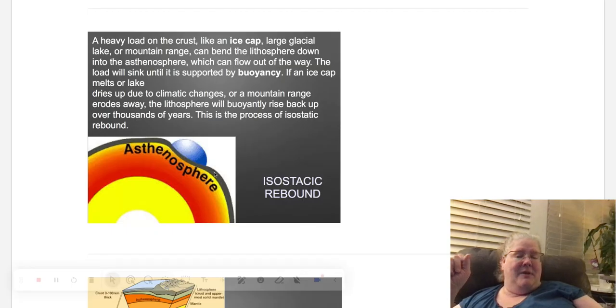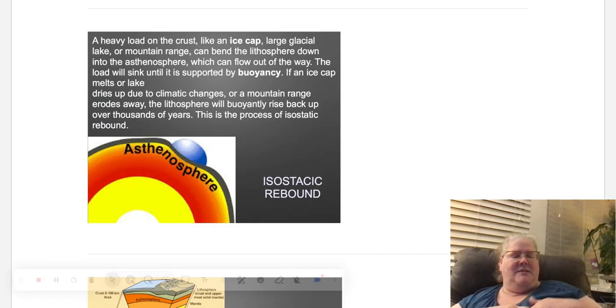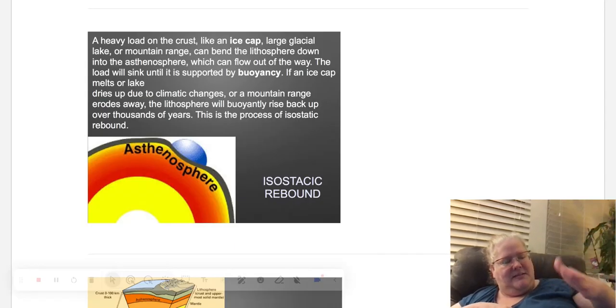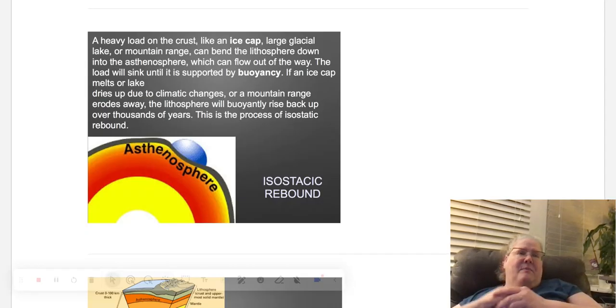And this is actually happening right now. Anywhere there's a mountain range or there's a massive glacier, it actually depresses down into the mantle. Think of it as like, in the 70s when they had the water beds and you'd sit on it, well, it displaced it and you'd have a little dent where your butt was. You're going to have rebound eventually if it goes away.